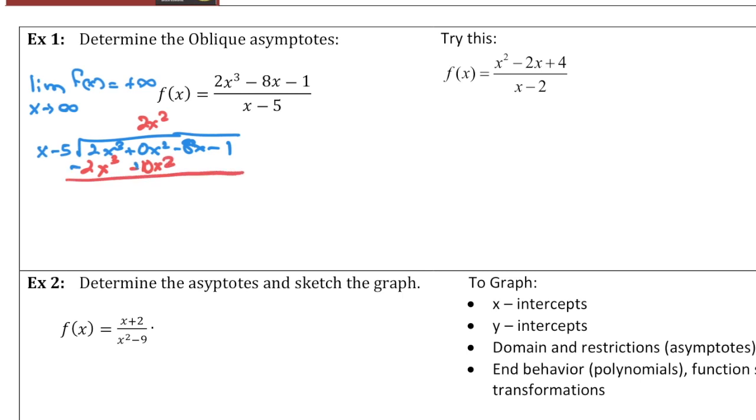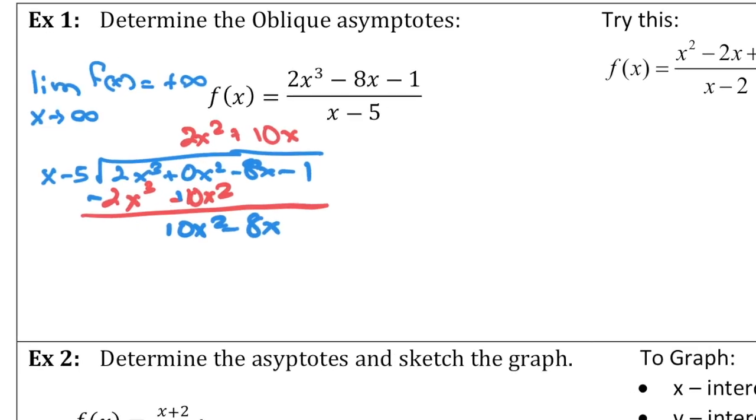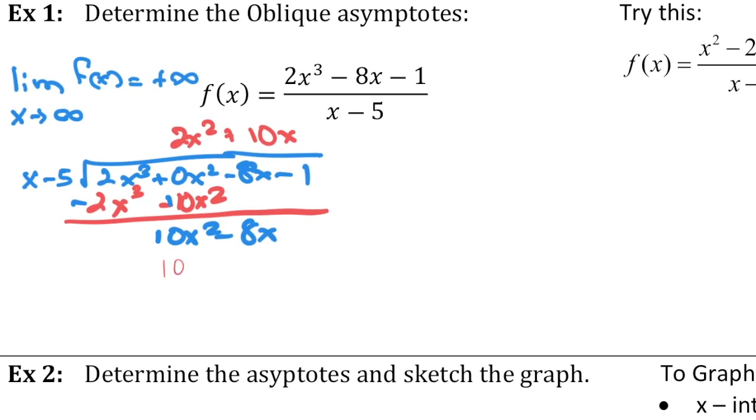When you change your signs, you end up with 10x squared minus 8x. So now we're going to multiply by a positive 10x, and when we do, we end up with our positive 10x squared minus 50x. Change your signs again, and you end up with a 42x.